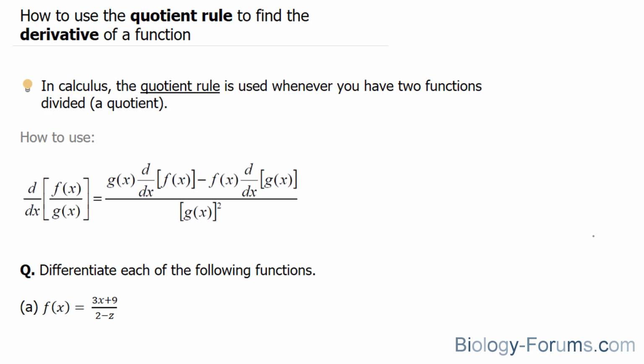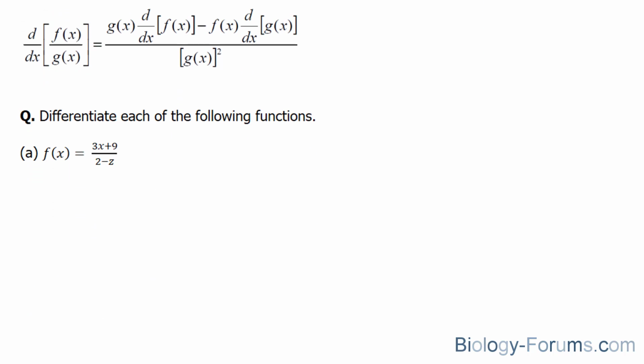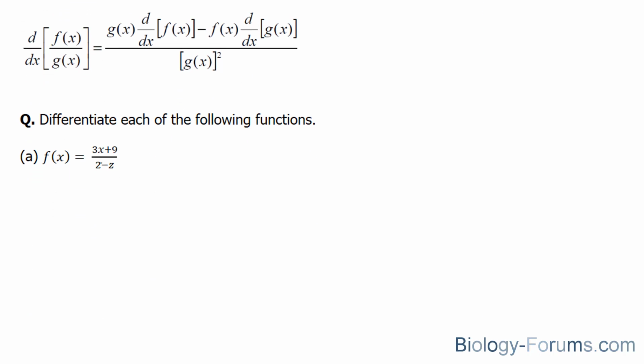Let's get started with question number 1. We'll start off by squaring the denominator: 2 minus x to the power of 2, all over g(x) = 2 minus x, and f(x).